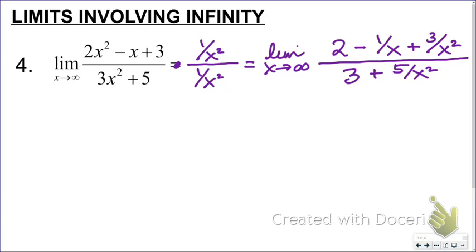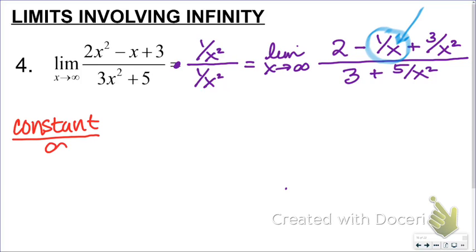Okay, so now if I were to plug in my infinity, when you plug infinity in for x, and you divide a constant by an infinitely large number, that number is going to approach 0. So any constant, let's just make a note of that here, a constant divided by infinity is always 0, okay?